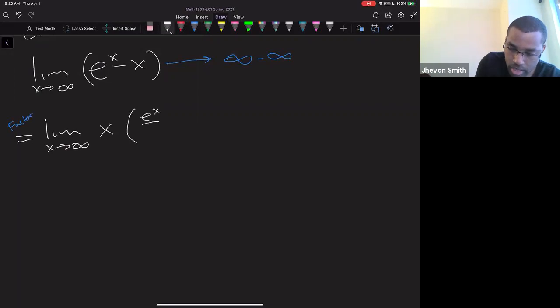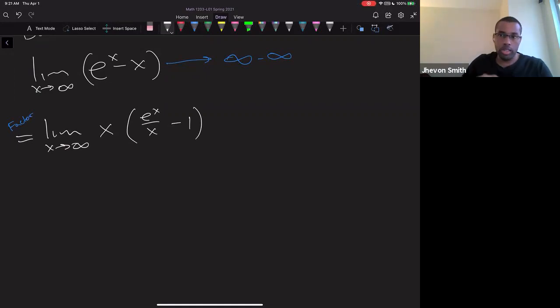I would end up with e to the x over x minus 1. So this is why factoring, when you pull something out, you actually subtract the power of that thing from every term on the inside. Or you can even think of it as multiplying every term on the inside by that thing to the negative power that you pulled out. And that's why factoring simplified that way, because it was like a convenient division by 1, actually. You're actually dividing everyone inside by the thing you factored out.